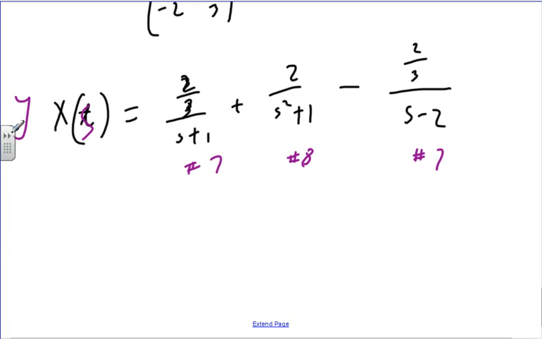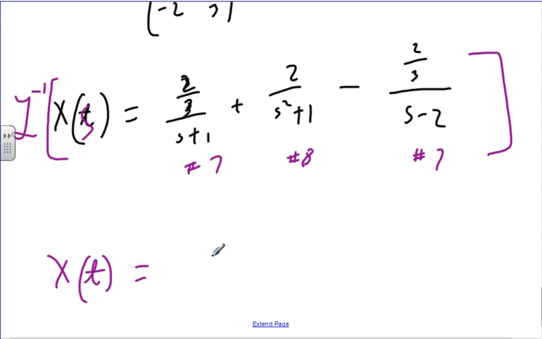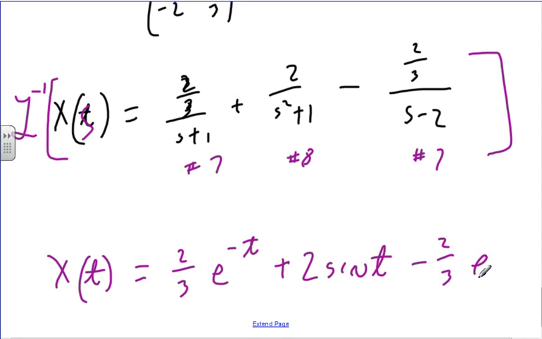So I'm going to do an inverse Laplace transform, and I end up with x of t equaling 2/3 e to the minus t plus 2 sine t minus 2/3 e to the 2t.